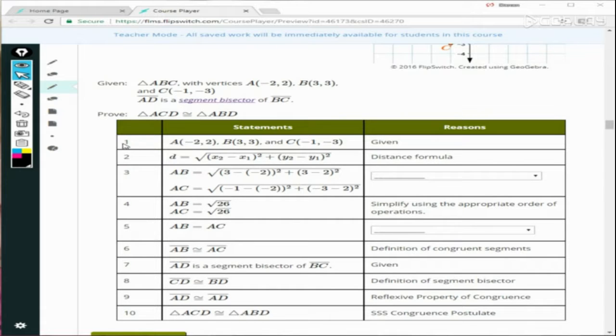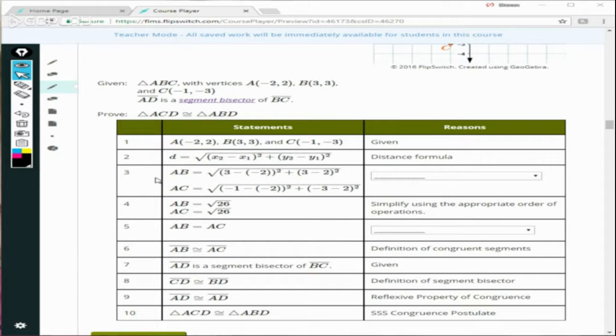Alright. 1. The point A (-2, 2), the point B (3, 3), and C (-1, -3). That is a given. Statement 2, the distance formula.